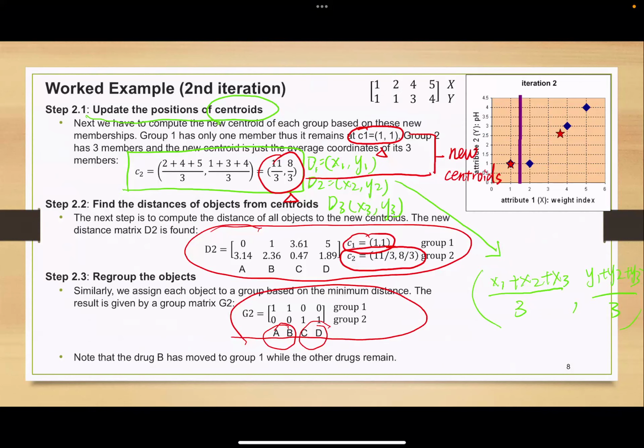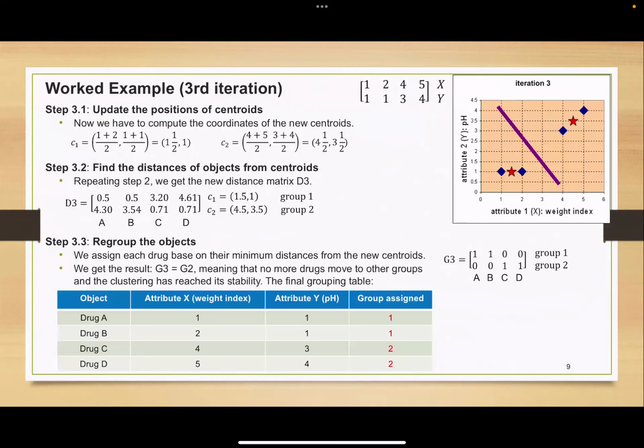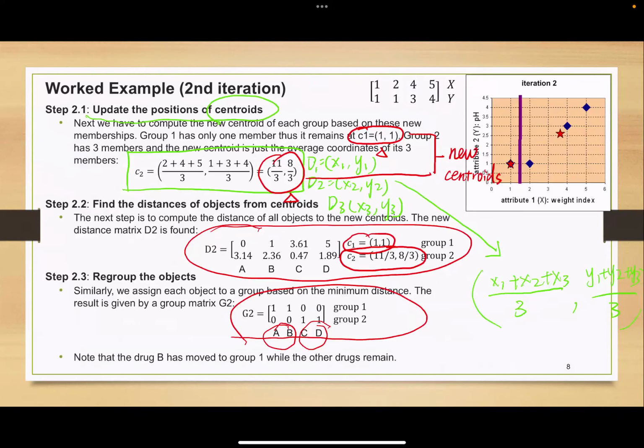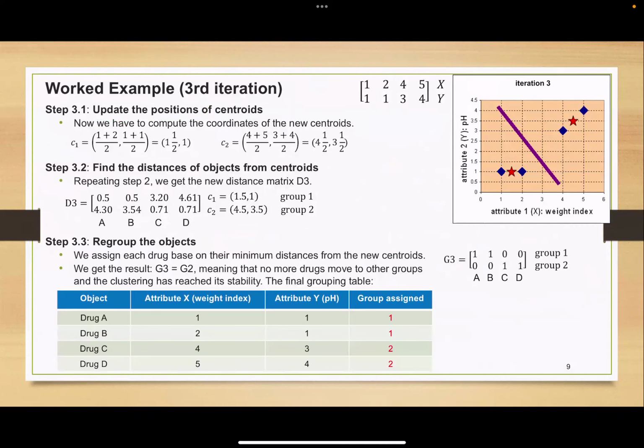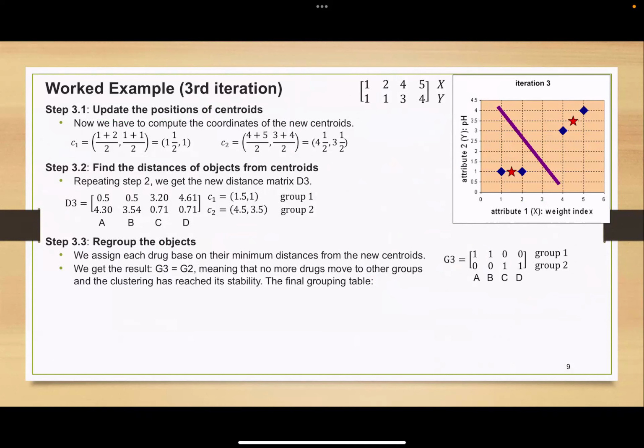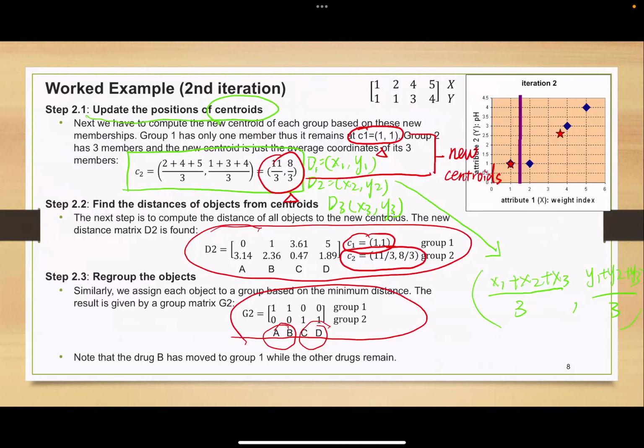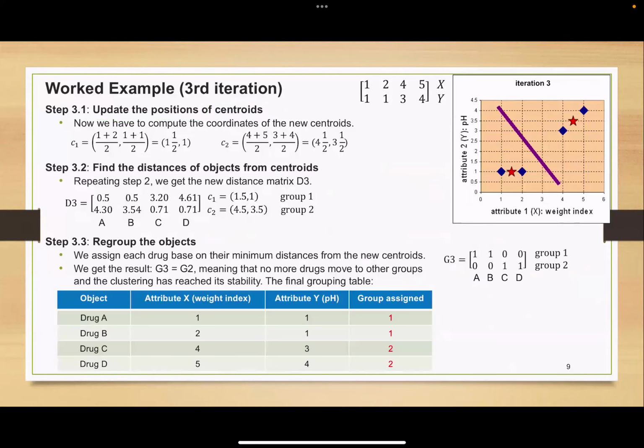Then it means it converges. Yeah, this is how we do k-means clustering. Okay. So here we have two new groups of data, group 1 and group 2. Then with these groups of data, we calculate the center again.